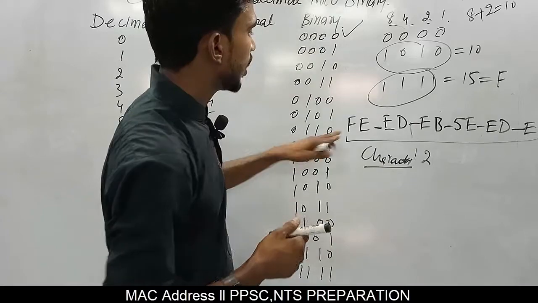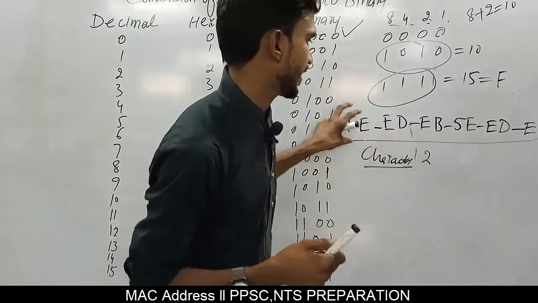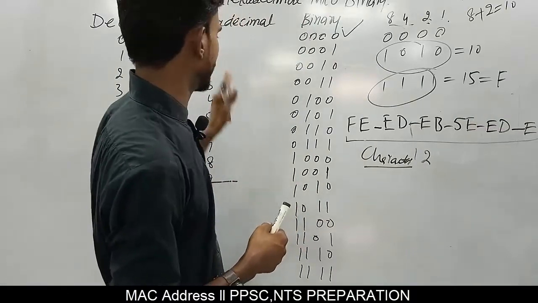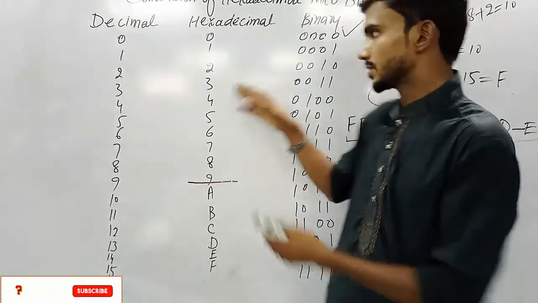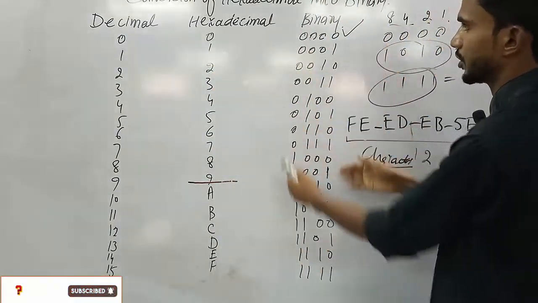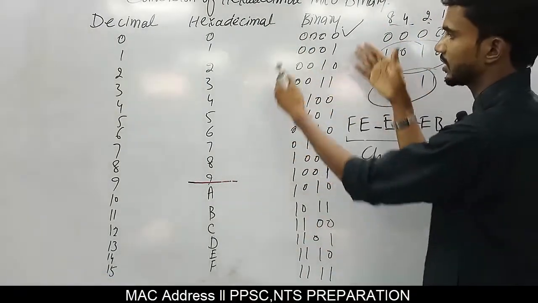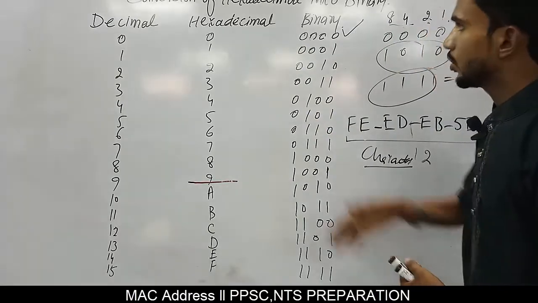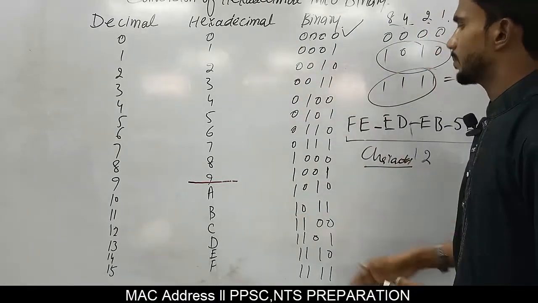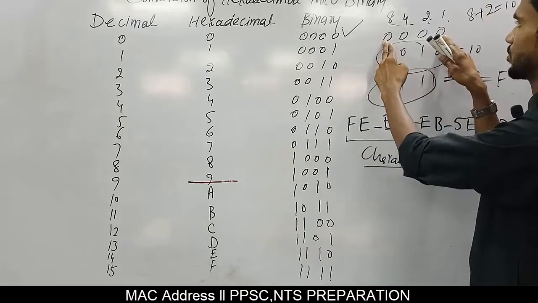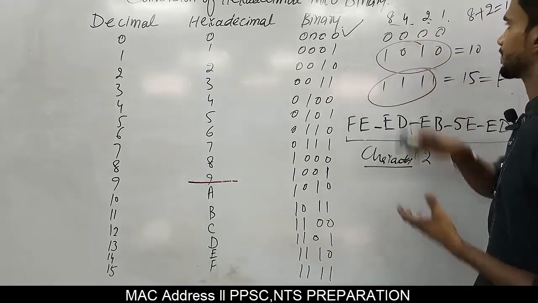Okay, so how to convert this hexadecimal into binary form? This is the simplest way of converting the hexadecimal format into binary form. I have written hexadecimal and this is the final. I have already converted all hexadecimal numbers into binary format. So what you have to do is, first of all you have to write a 0 four times, 0 0 0 0.